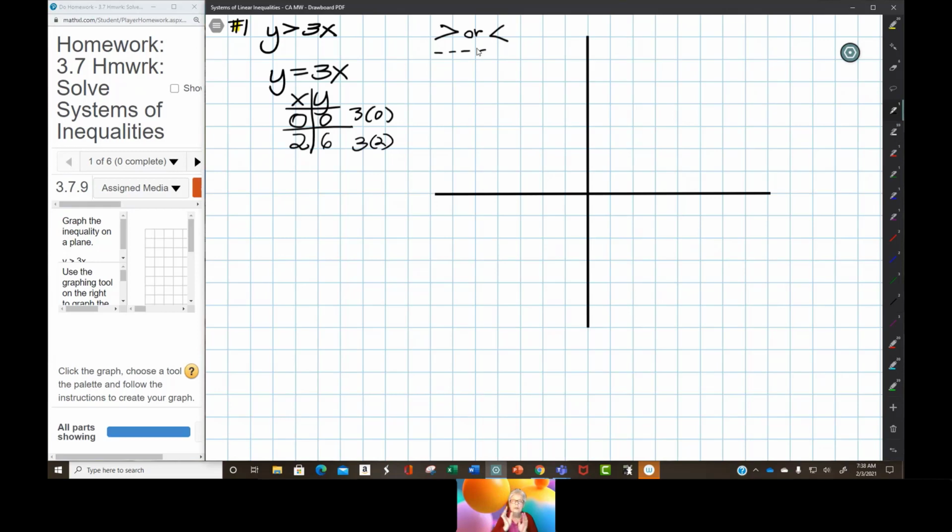It's not going to be just a line. It's going to be a dashed line. So we'll see how you choose that on my math lab if you haven't already done that.